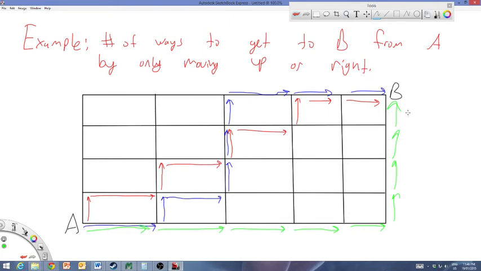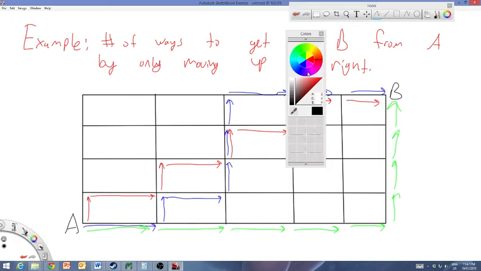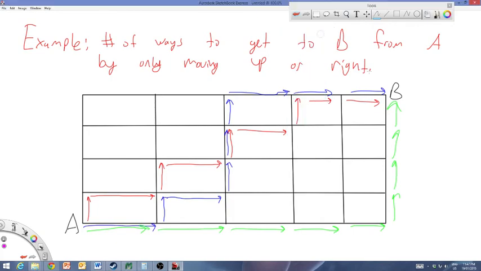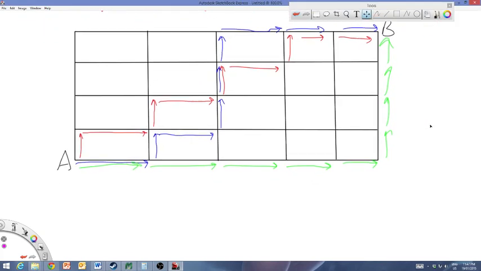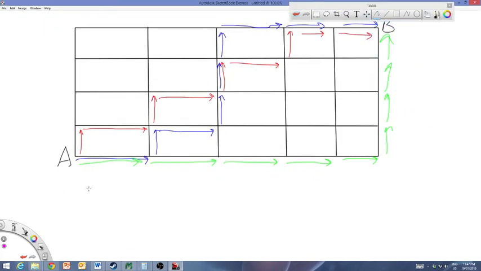Okay, but to go about this problem, you kind of ask yourself, well, how many times do I have to go up? Well, no matter what path I take, I always have to go up 1, 2, 3, 4. So I'll call that U. So I have to go up 4 times.